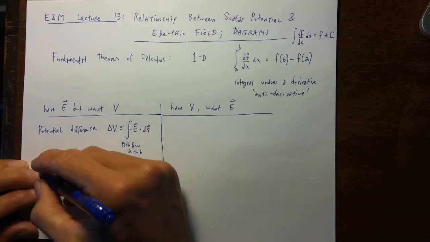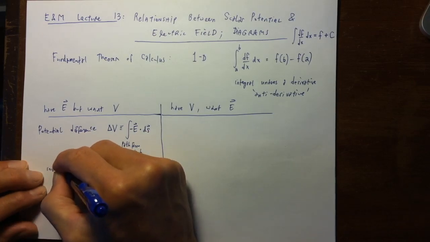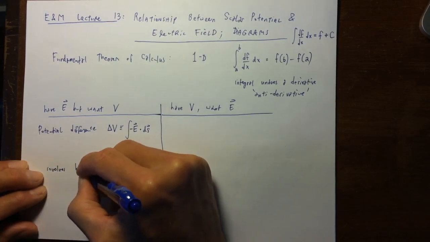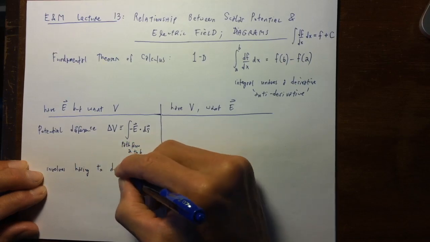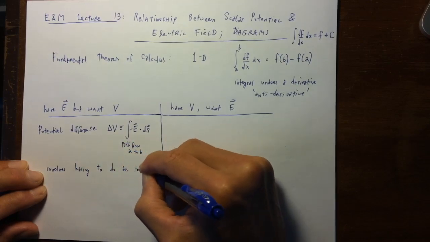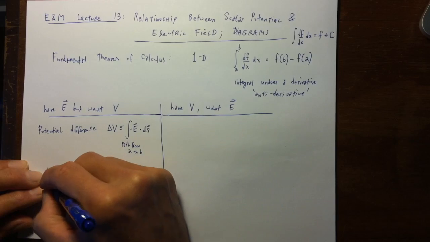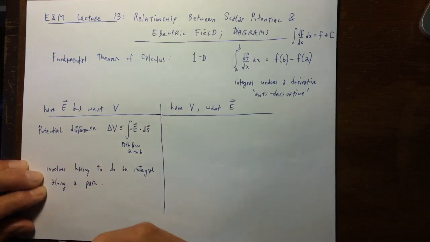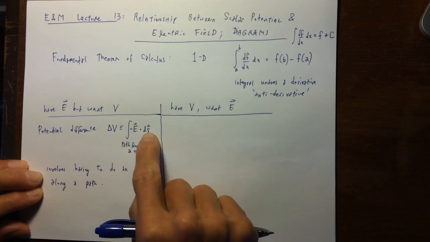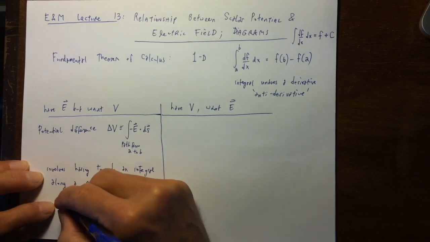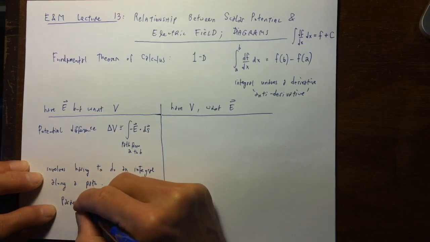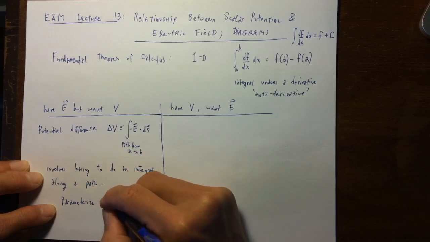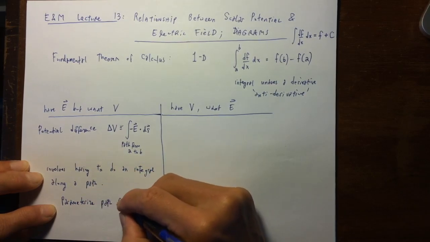So it involves having to do an integral along a path. So you have to figure out how to parameterize your path for the integration.